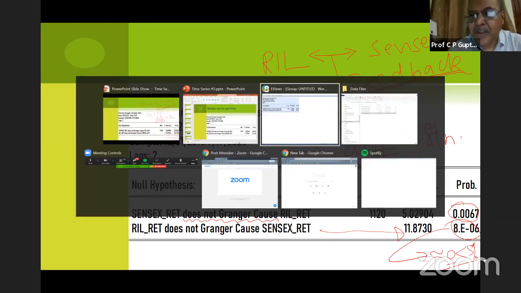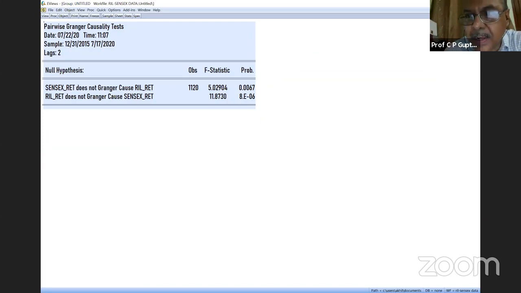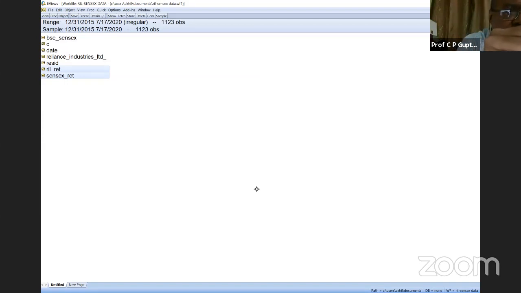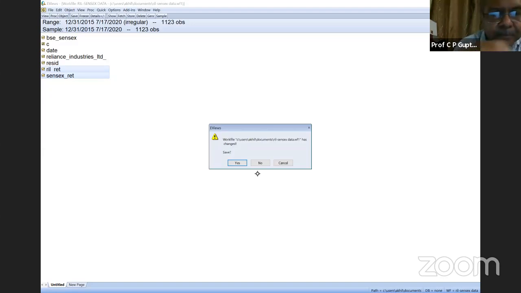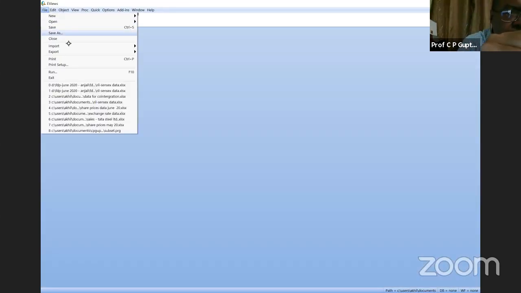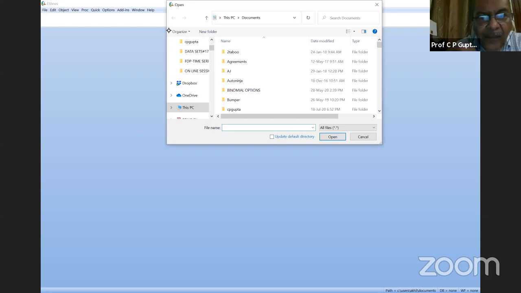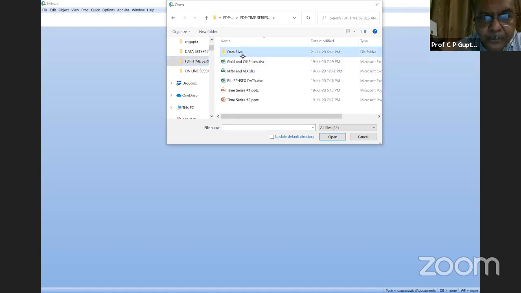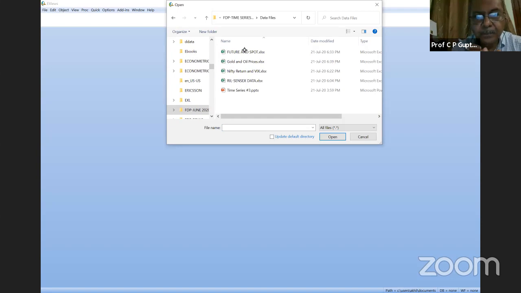Okay, friends, let me take another file and see how we can work with it. Let me close this. File, open, foreign data workfile. Now let me take Nifty and VIX file.